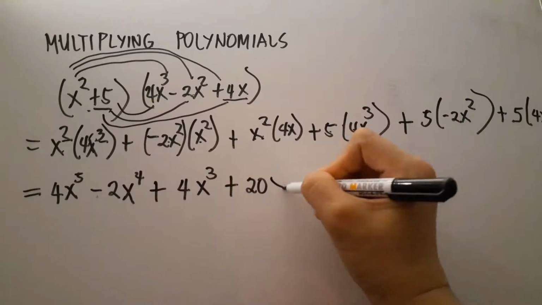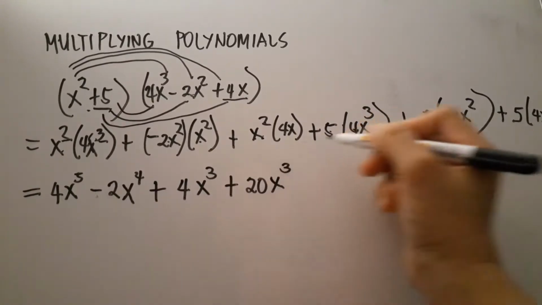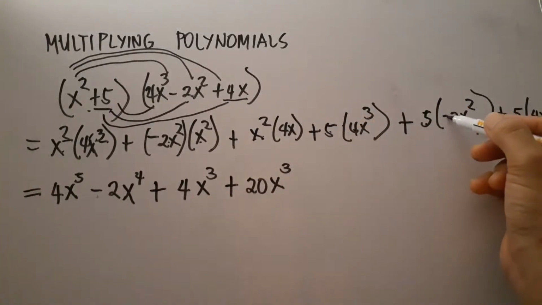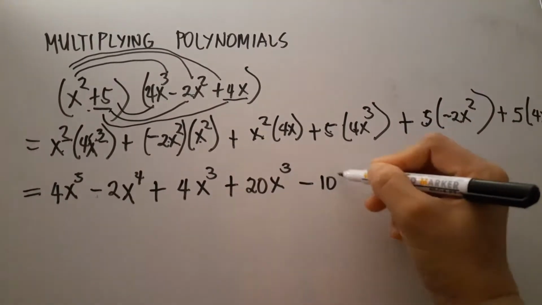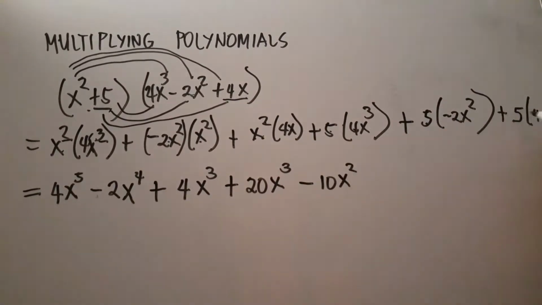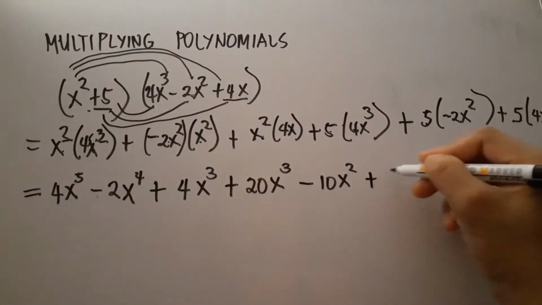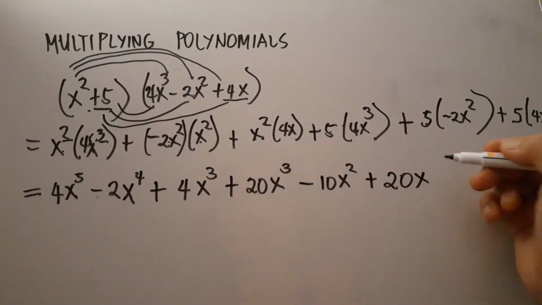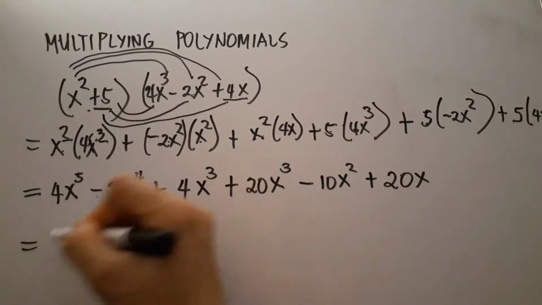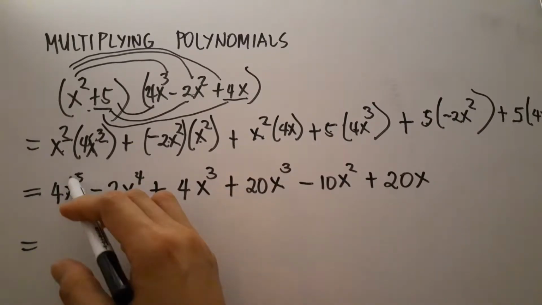Plus 5 times 4x cubed becomes 20x cubed. Positive 5 times negative 2x squared becomes negative 10x squared. Remember that negative times positive becomes negative, and 5 times 4x becomes 20x.